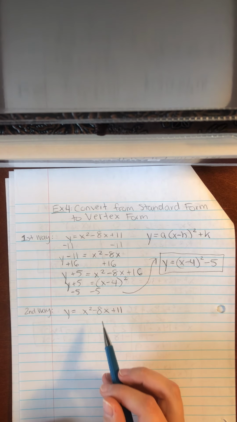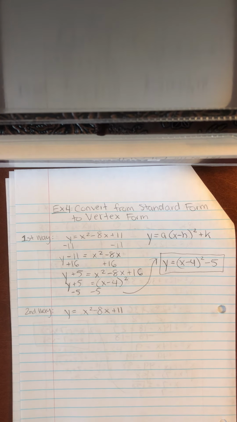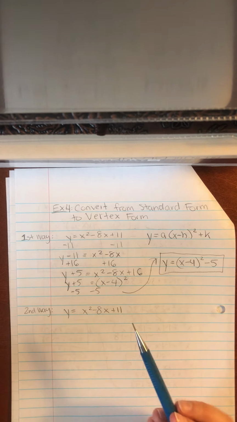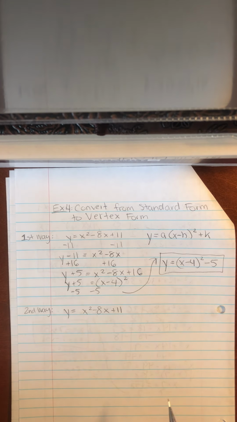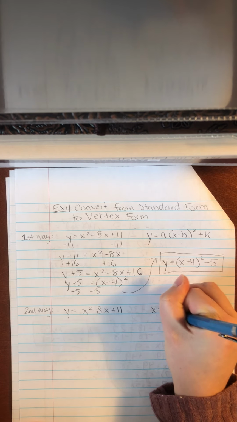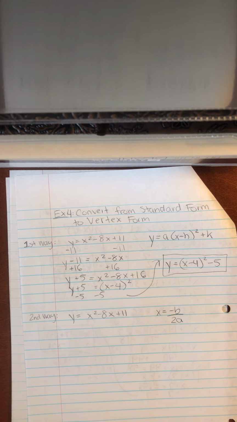Now the second way to do this is by doing x equals negative b over 2a. The book does not show you this, but I am showing you this because once you have a leading coefficient that's not 1, it's really hard to complete the square when converting between standard to vertex form. Remember, this is how we find our vertex.